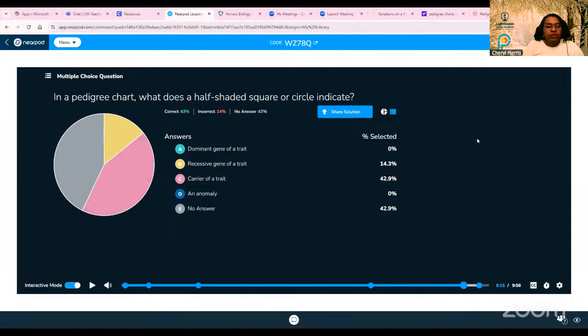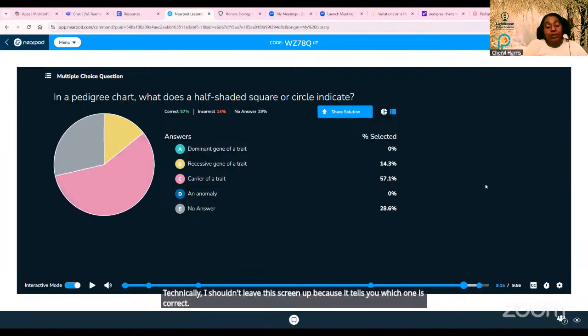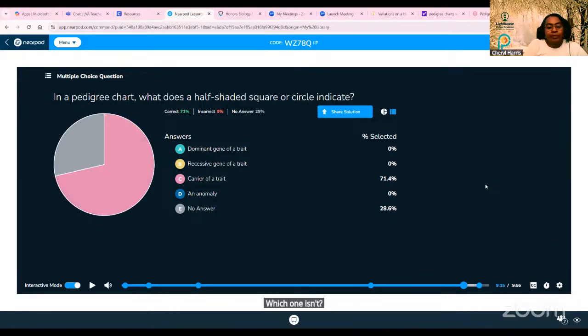And technically, I shouldn't leave this screen up because it tells you which one is correct and which one isn't. Okay, so that means they are a carrier of the trait.